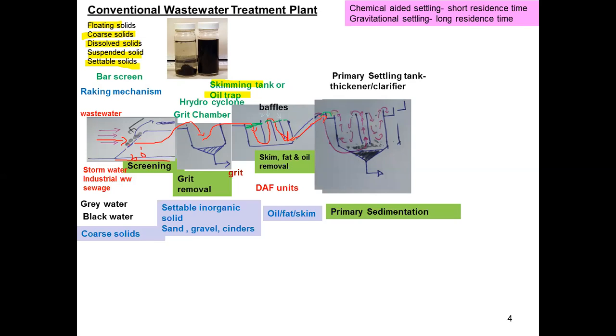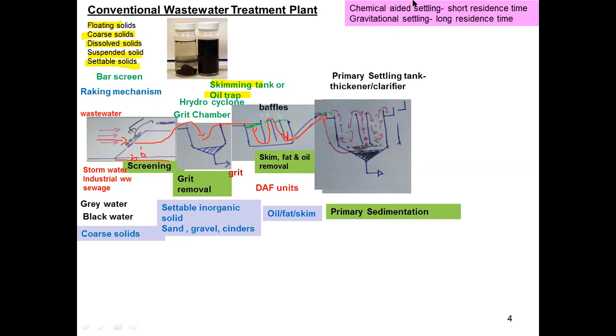So we can operate a sedimentation tank two ways. We can use chemical aided settling, or we can use gravitational settling. For gravitational settling, we do not put any chemical into the tank, but the residence time of the sedimentation process is very long. It may be 2 to 3 hours.